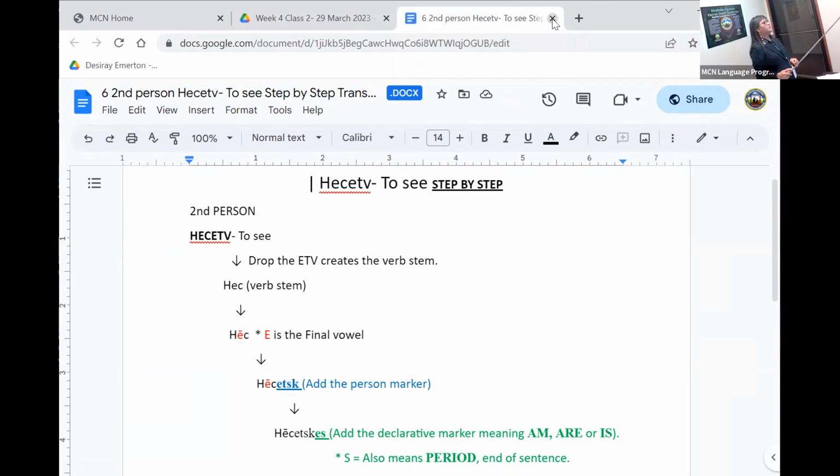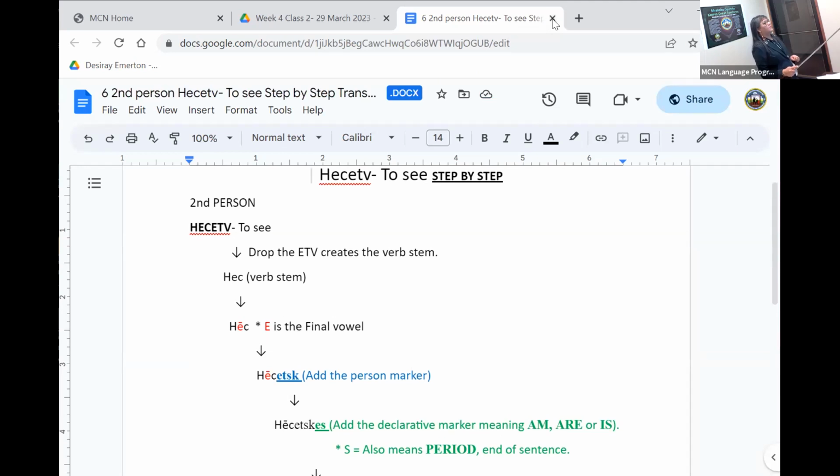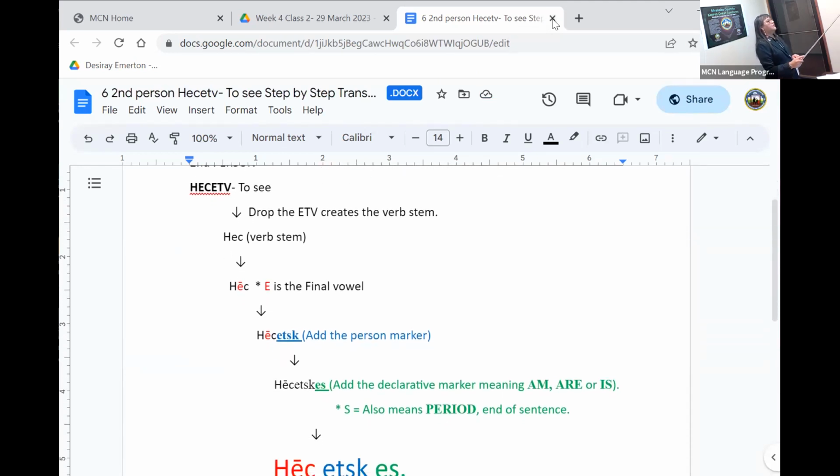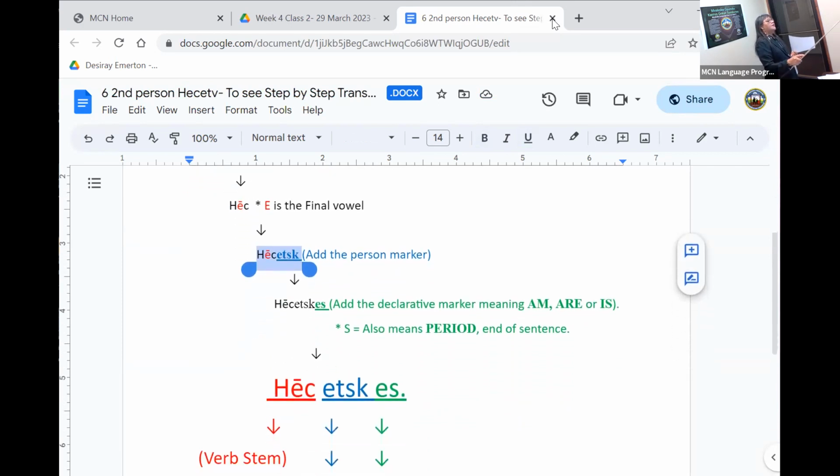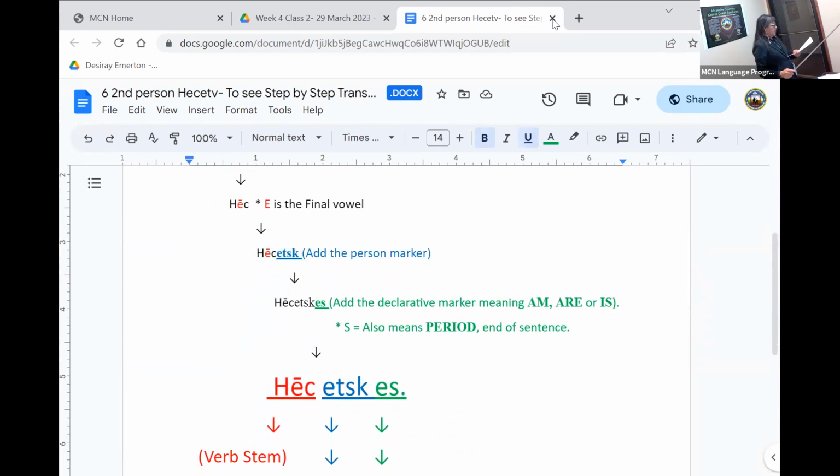All right, to see, hijira. Drop the ETB, create the verb stem, HEC. You go through your notes, you see that the E is the final vowel. There's no MK, NK, or T. So you put the long mark over the E. You add the person marker, since we're talking about you, it's. And then the next step, you add the declarative ending, which is ES. Ejitskis.